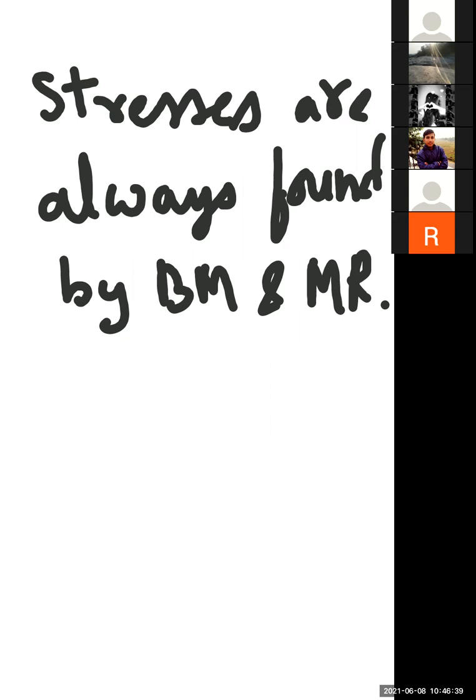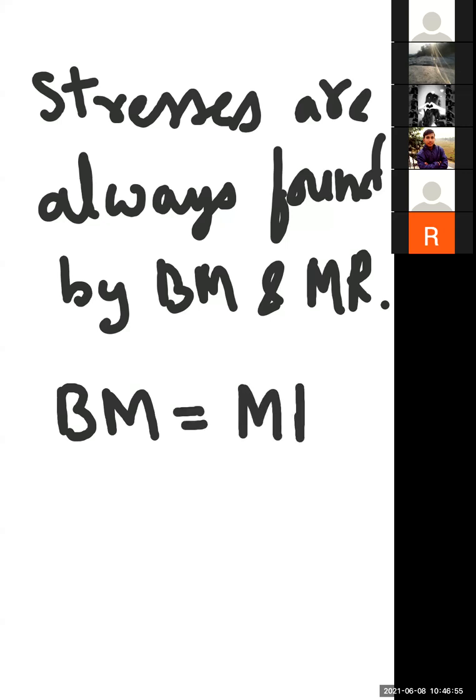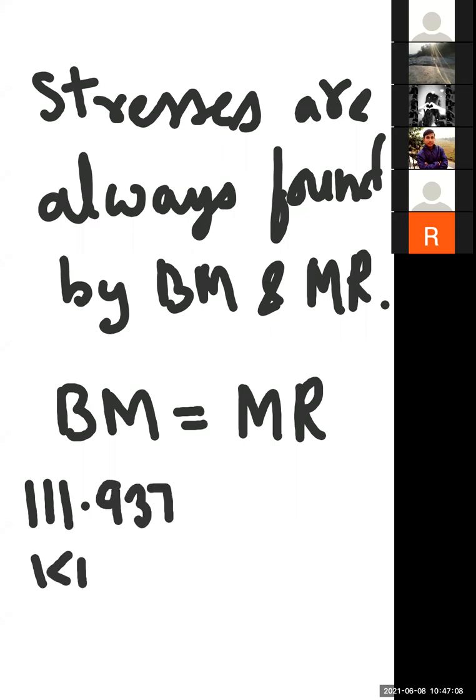We assume our beam section is in balanced condition. In that case, bending moment is equivalent to MR, right? And we know the value of bending moment is 111.937 kilonewton meter.